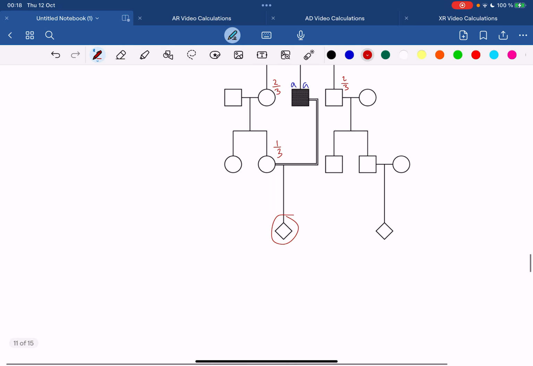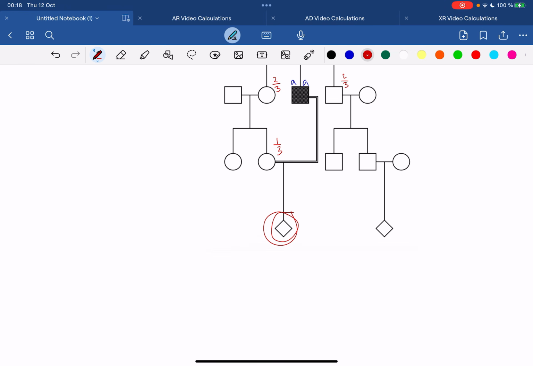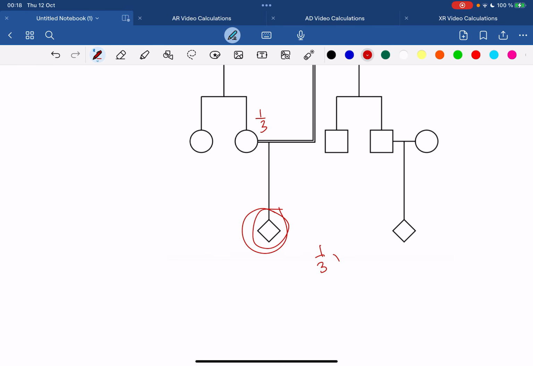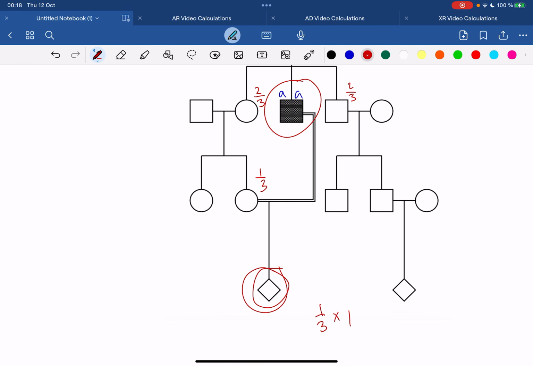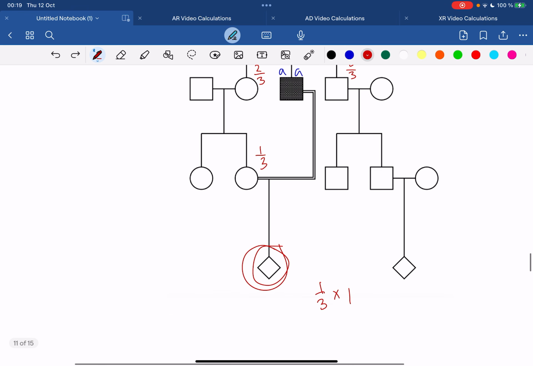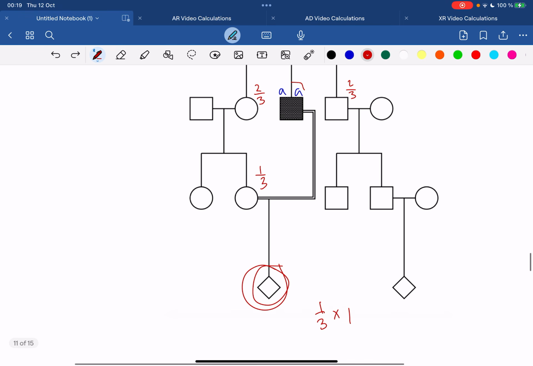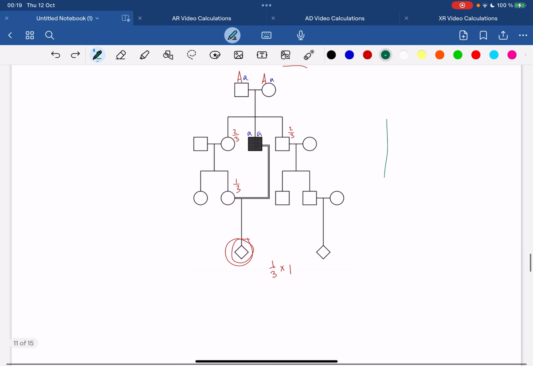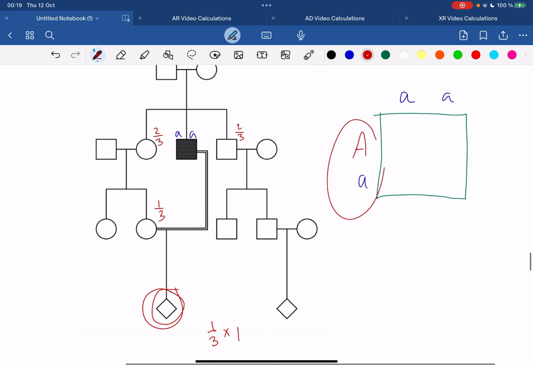Now finally we can calculate the chance for this child to be affected. We take the mother's chance times the father's chance, and we know it's 1 because he will 100% give one of the sick alleles. So the mother has a chance of being this. The father is 100% this.